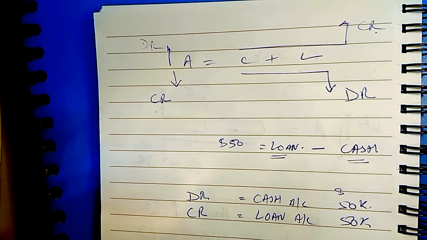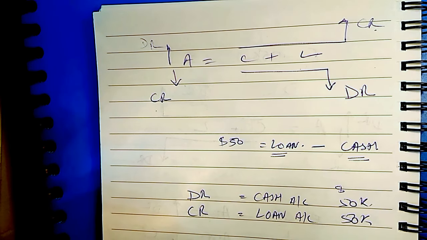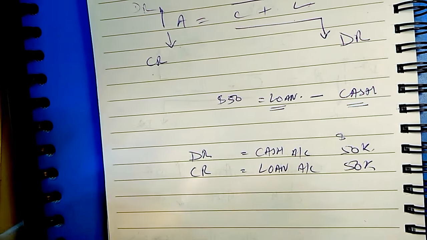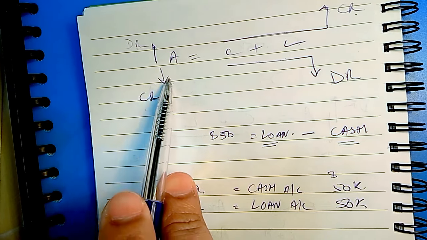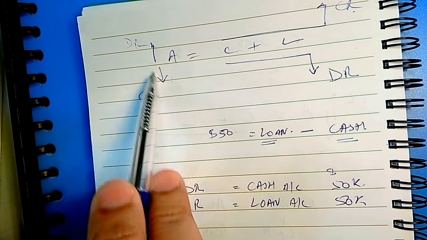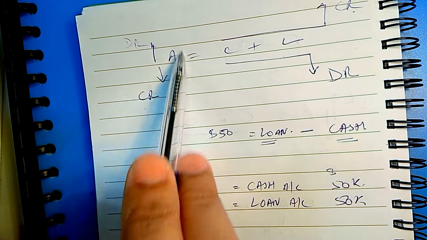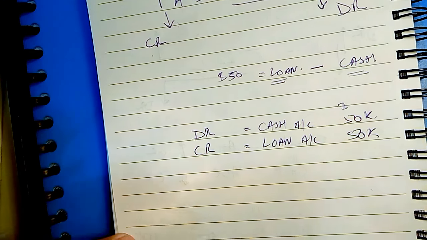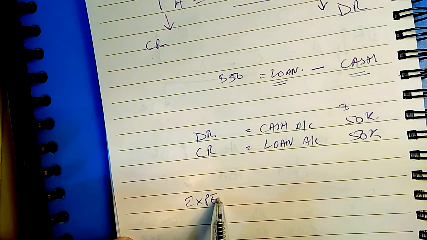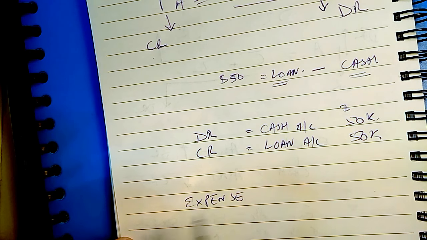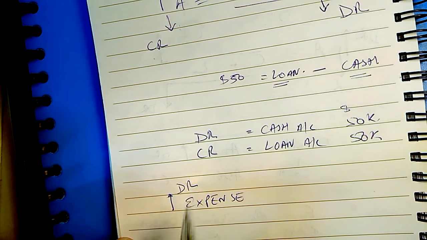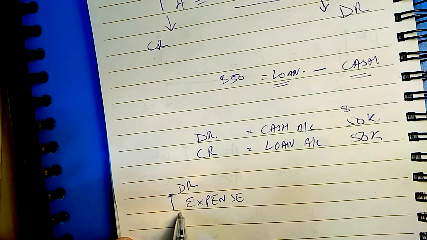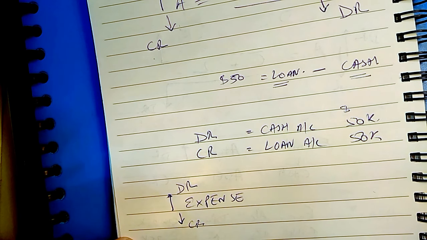Now we'll look into expenses and income. Expenses are of the same nature as assets. So any kind of expense, let's say telephone expense, going up is a debit, going down is a credit.